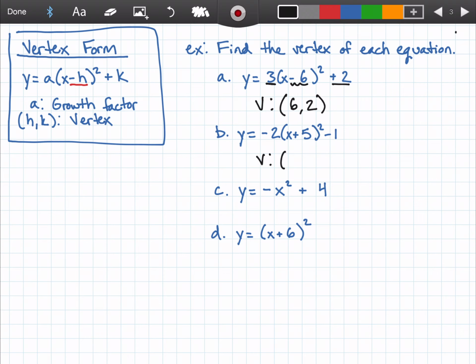So on the next one, I do the same thing, take the opposite here to make it -5, and my k just drops with.